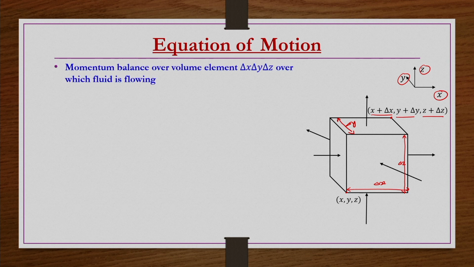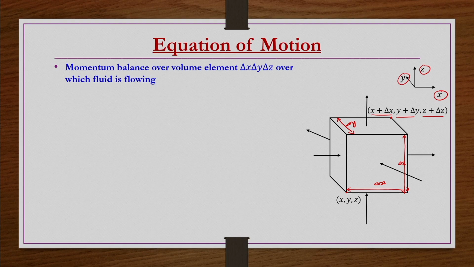Now, we are going to take the momentum balance over the volume element delta x, delta y, delta z, over which fluid is flowing. This element is a fluid element which is flowing at a particular instant, at a particular location. Its size in the x direction is delta x, in the y direction delta y, and in the z direction delta z.